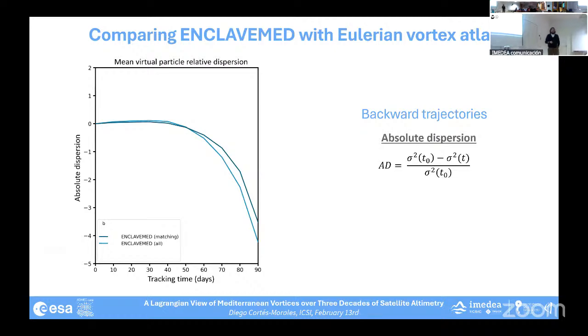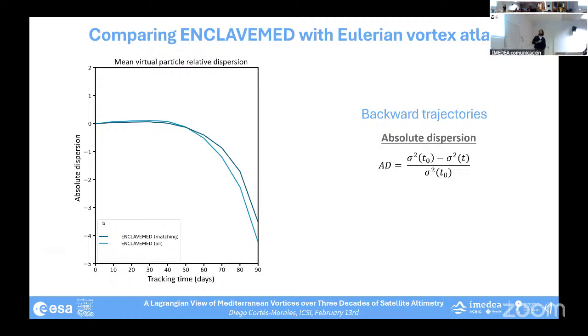So we have done the same exercise as before, and we have tracked the particles launched initially in the interior of both the Lagrangian and Eulerian products. And we have computed the mean absolute dispersion, and we have divided each Lagrangian and Eulerian product into the ones that have matching, collocated Eulerian and Lagrangian structures, called matching, and then all of them, to track if there are any differences.